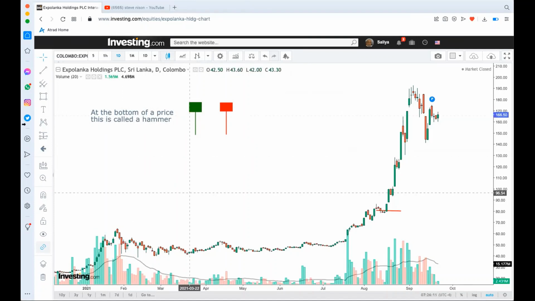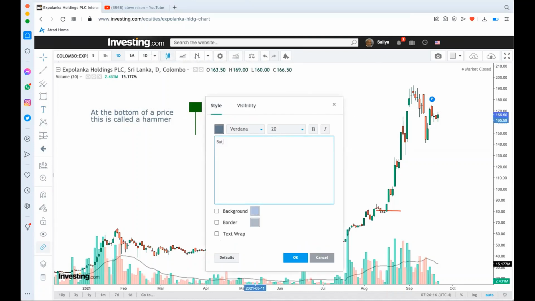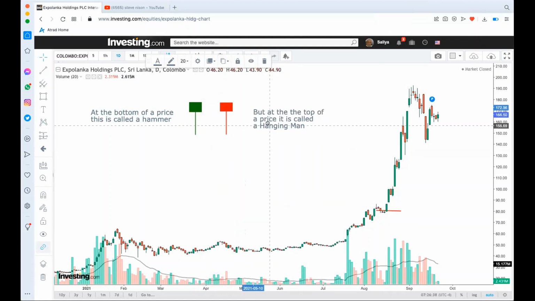But at the top of a price, it is called a hanging man, right? So once you understand what it is, you have to just shop around and see where these hammers and hanging man patterns are available, right?